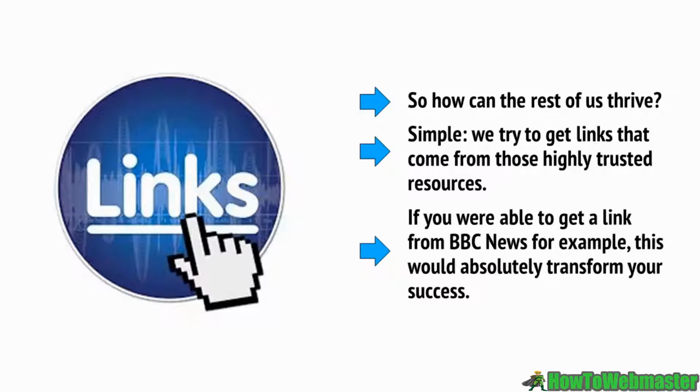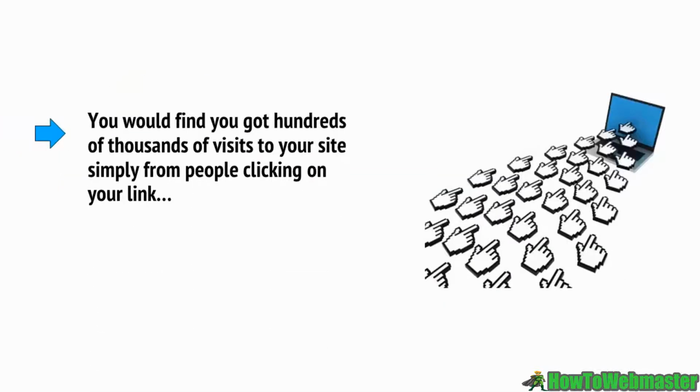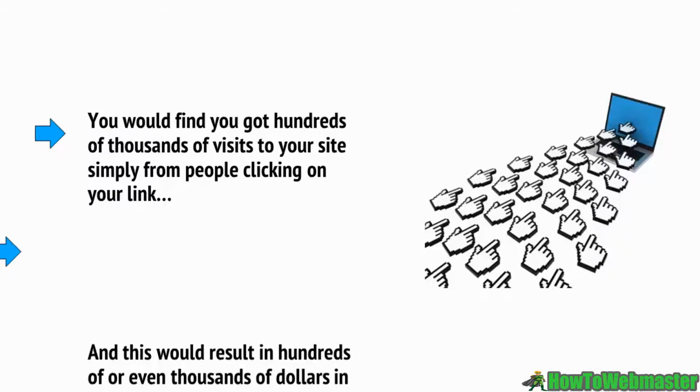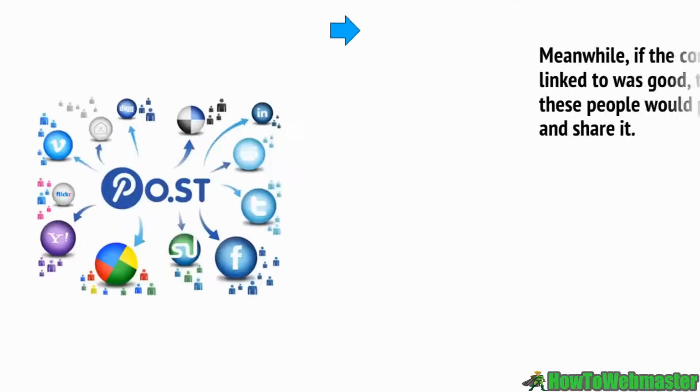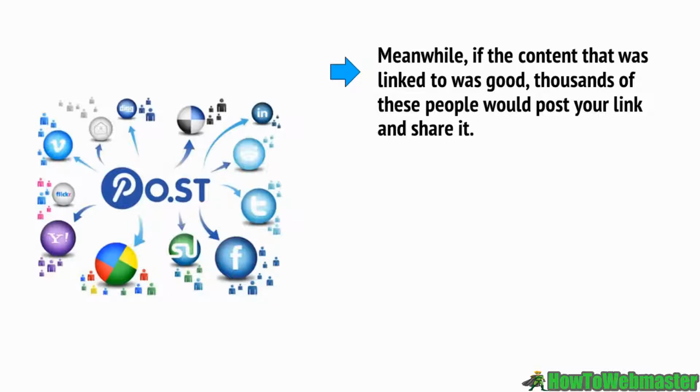If you were able to get a link from BBC News, for example, this would absolutely transform your success. You would find you got hundreds of thousands of visits to your site simply from people clicking on your link, and this would result in hundreds or even thousands of dollars in AdSense and sales overnight. Meanwhile, if the content that was linked to was good, thousands of these people would post your link and share it.